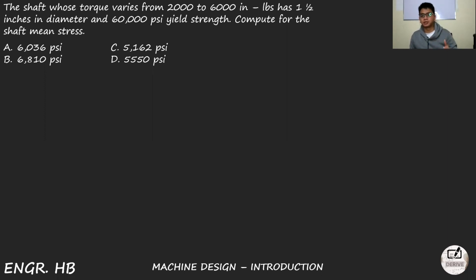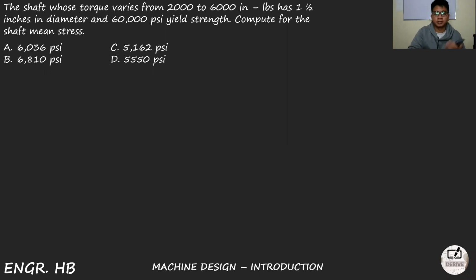So pag sinabing average, kunyari meron kang 4 and 6 and you are looking for the average number, so just add the 2 value and divide it by 2 and you're going to have the average value, which is a case ni 4 and 6, meron kang amount na 5 as your average number. So the same dito, we need to have 2 values in order for us to have an average stress.